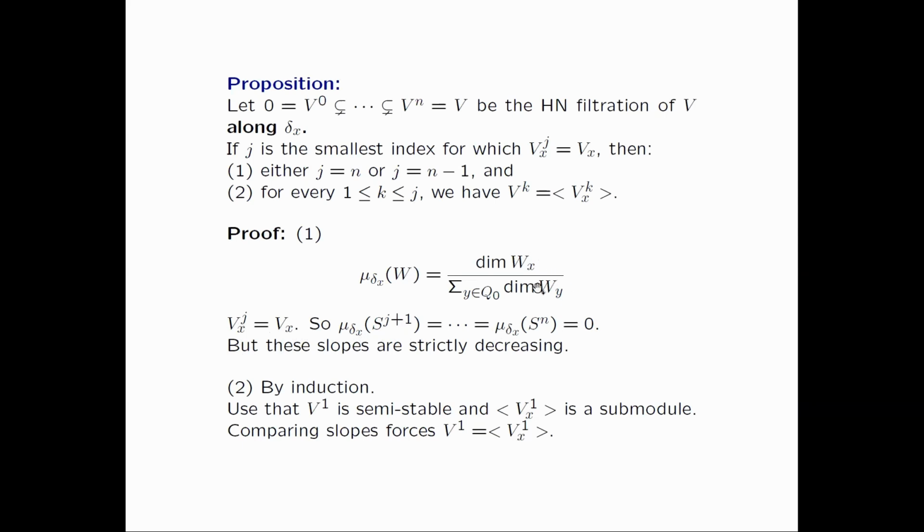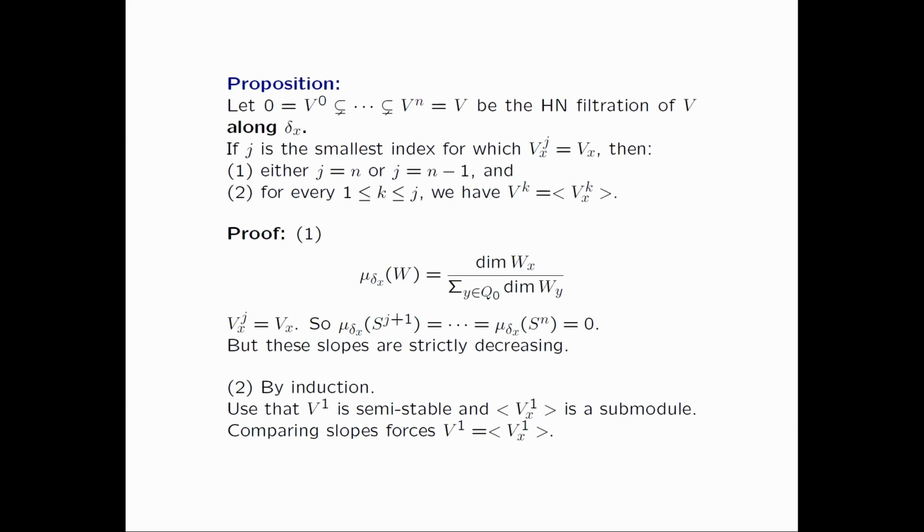Because we're only seeing a vector space at x, so it will be 0. Now, at the same time, these slopes have to be strictly decreasing, so it only leaves us with one or two possibilities, J1 and J_L minus 1.